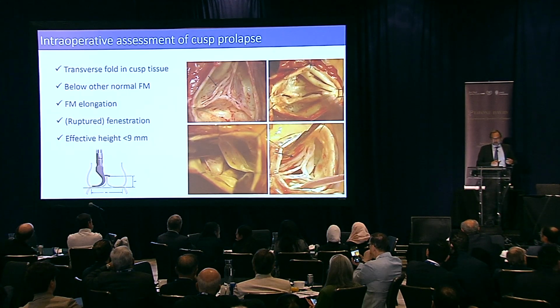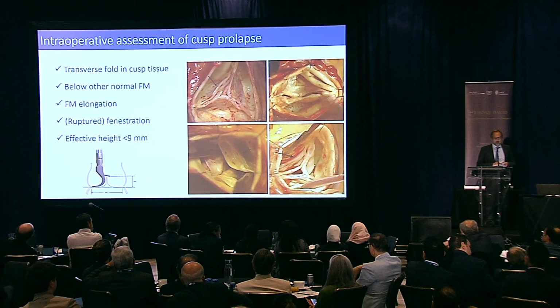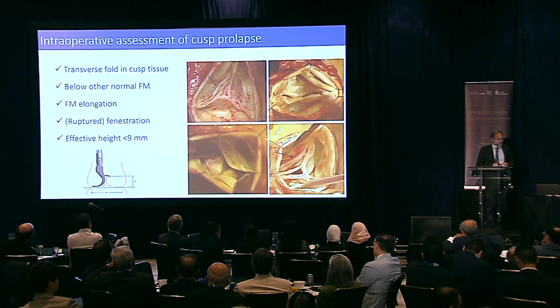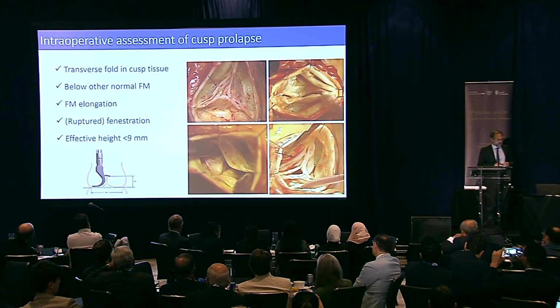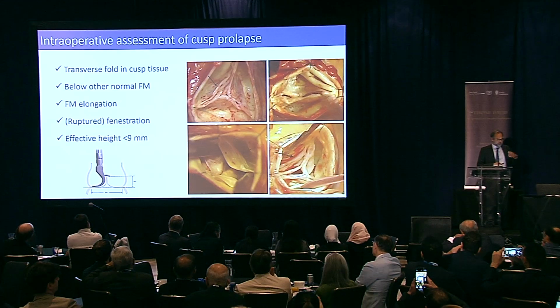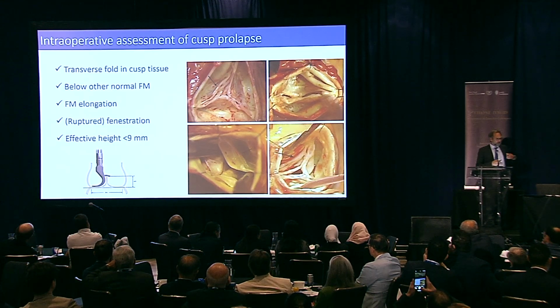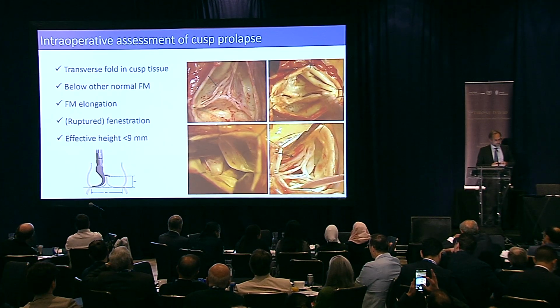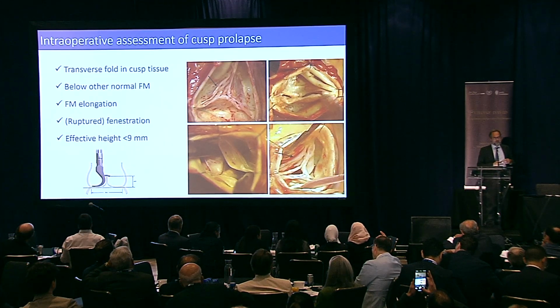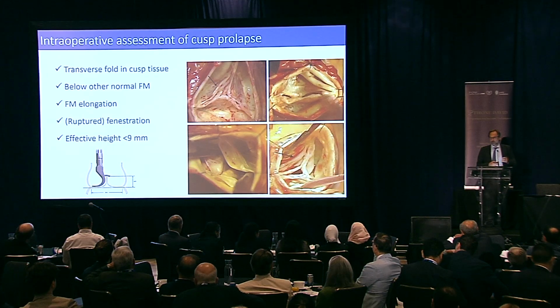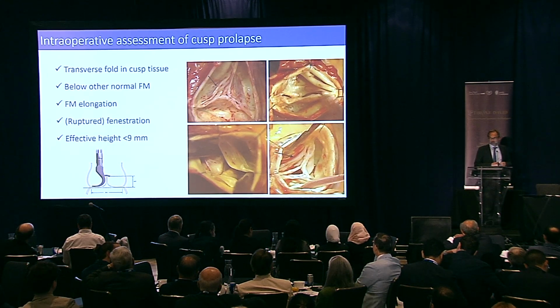You have the free margin dropping below the others, a free margin elongation. We have mentioned that, eventually, a rupture or fenestration is more present on the prolapsing leaflet. And if you quantify the prolapse, you have an effective height which is lower than the others and probably less than 9 millimeters.